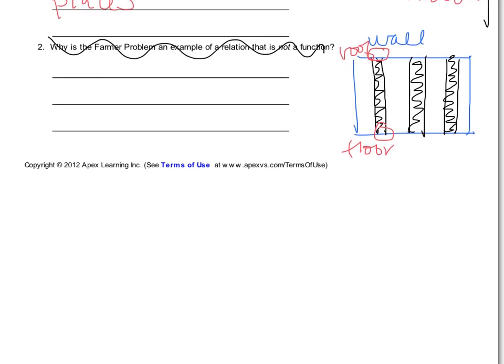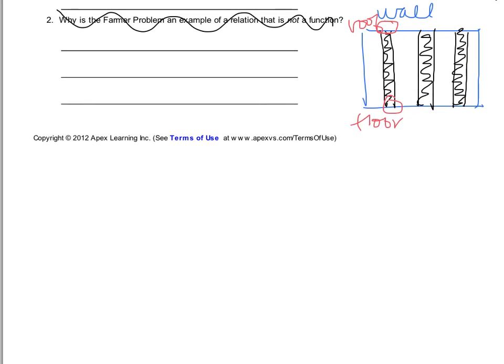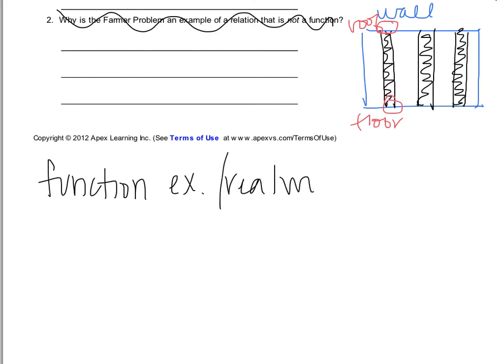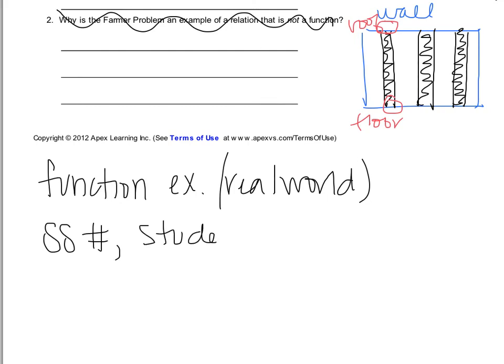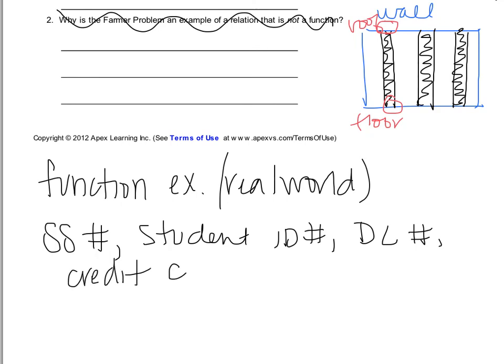But just don't forget that an example of a function, I'm going to write this out, a real world example would be something like social security numbers. For you, it would be your student ID number. Driver's license numbers, credit card numbers. All of those things are functions because when you put that one number in, you only get back one person.